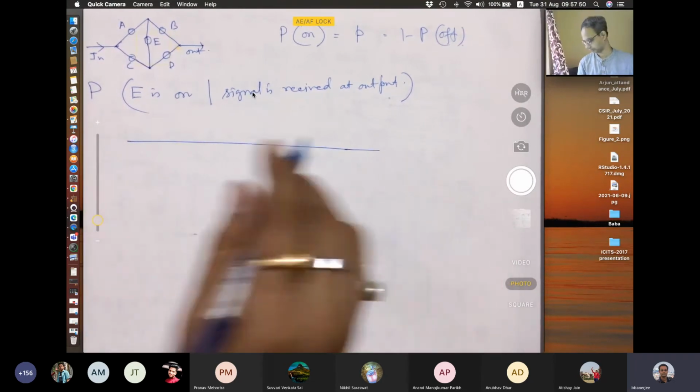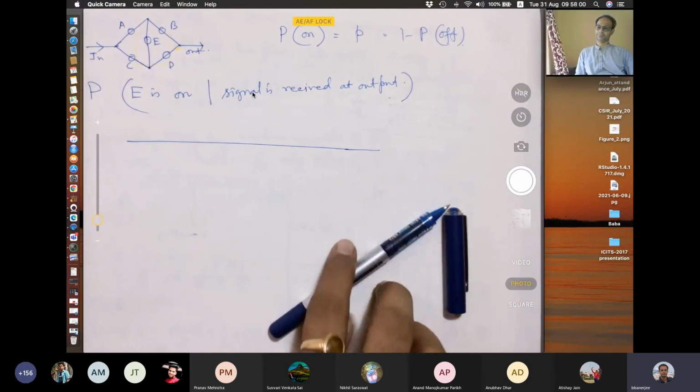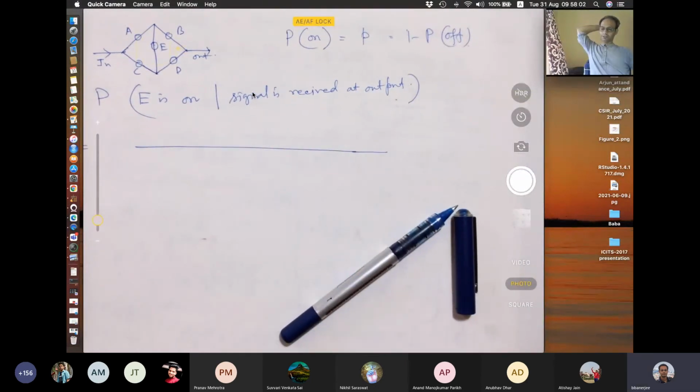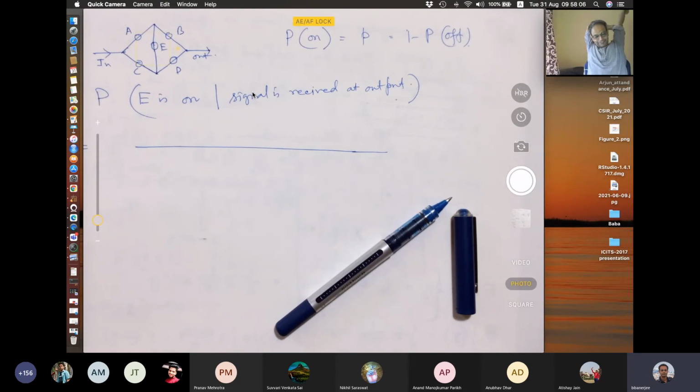Bayes theorem, or the conditional probability. You should not make a mistake. This is a very simple problem that we are doing.